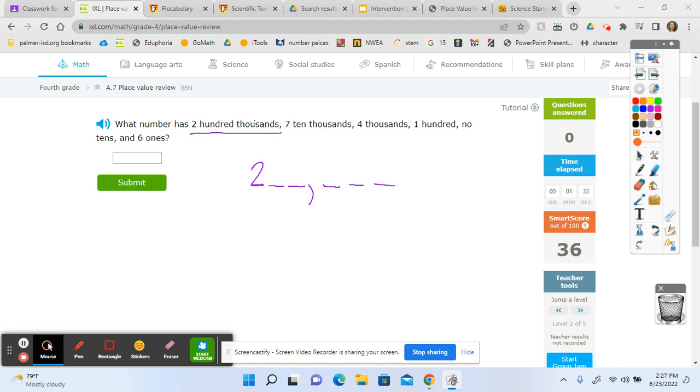So if you get a piece of paper, maybe you write this down, okay? And then there are 7 10,000. So I'm going to put a 7 in the 10,000s place. 4 thousands. 4 in the 1,000 place. 1 in the hundreds place. No tens. So 0 tens. And 6 ones. Then if we type this number into our box right here, that will give us the correct answer right there.